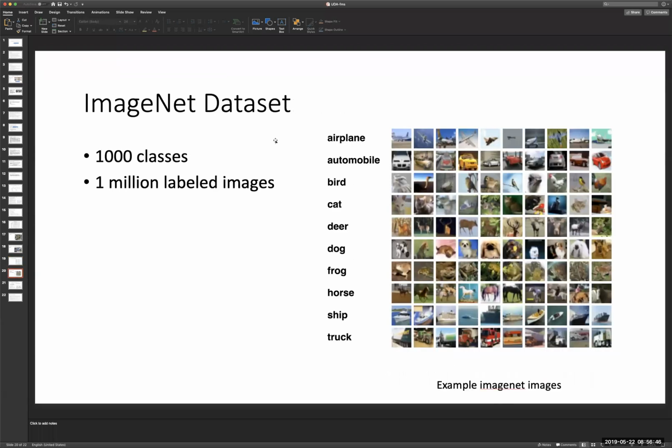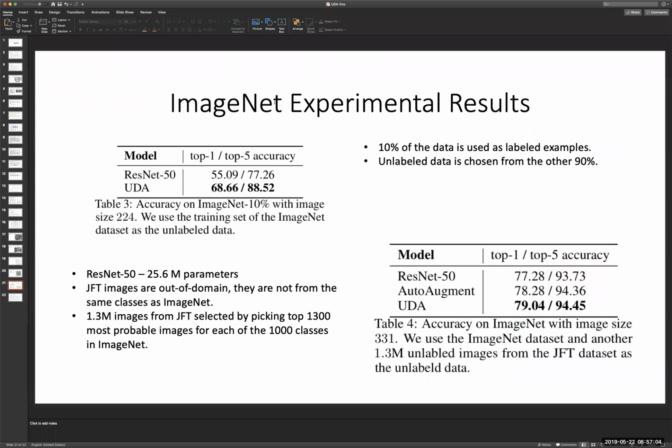So the other vision task, different from the other two, is the ImageNet data set. So that has 1,000 classes and 1 million labeled images. And so they applied UDA to this data set. And the first thing they did was use the ResNet 50 model, but only use 10% of the data.